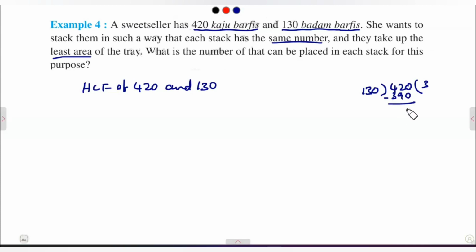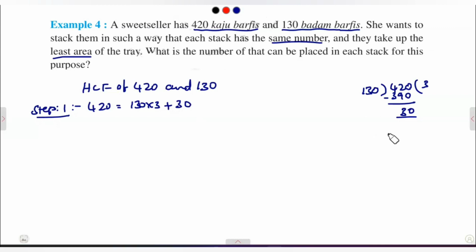Let us subtract. You will get the remainder as 30. According to the division lemma, step 1: 420 is equal to 130 times 3 plus the remainder 30.